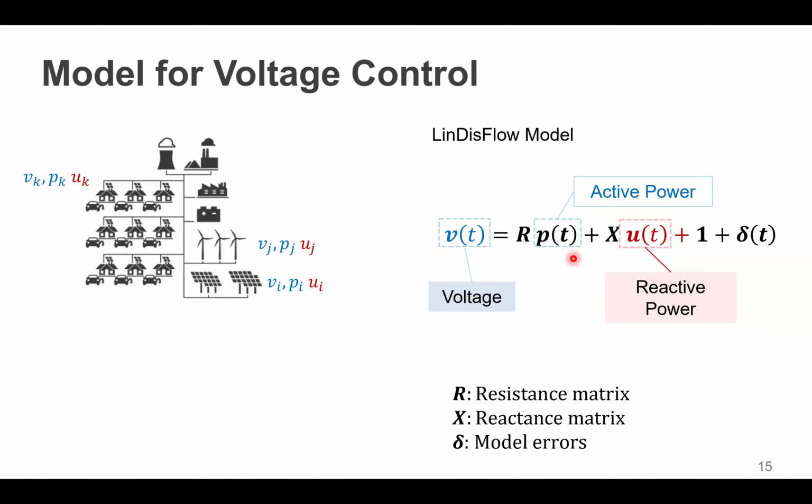Both V, P, and U are vectors, stacking all the local variables. Here R and X are system matrices corresponding to the topology, resistance, and reactance of the system. And here, delta is the model error.